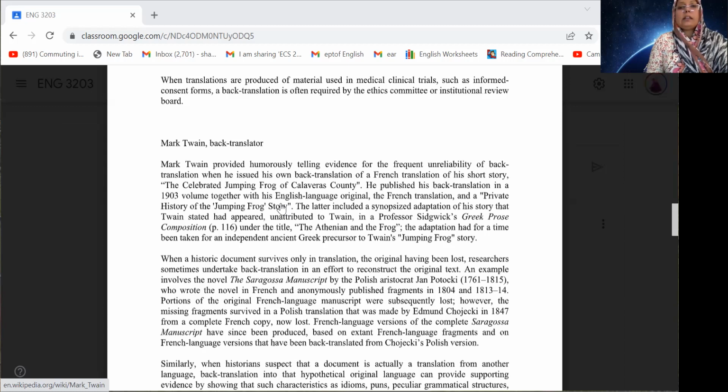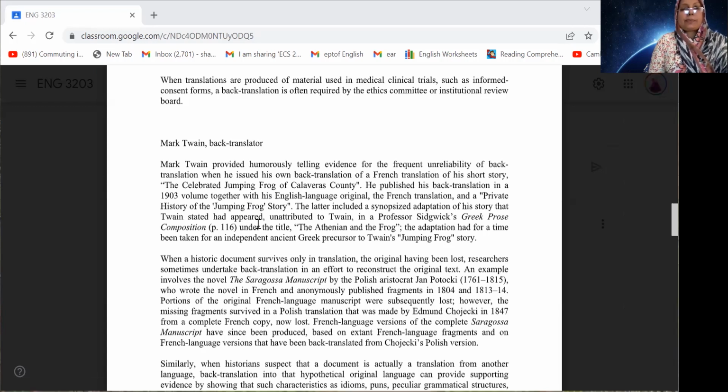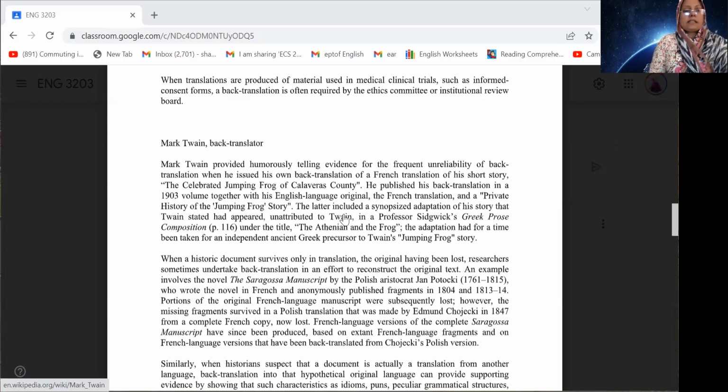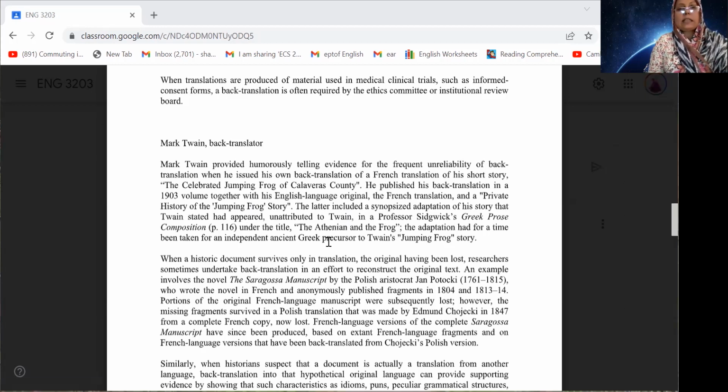Okay. So what did the Jumping Frog story include? A short adaptation of the story in Professor Sedgwick's Greek prose composition under the title The Athenian and the Frog.